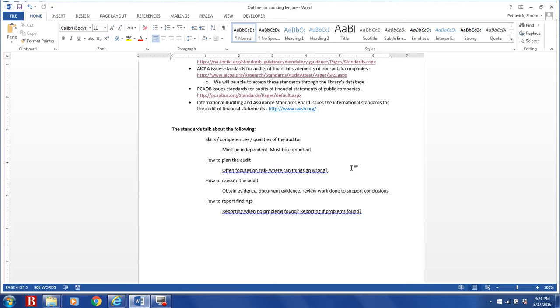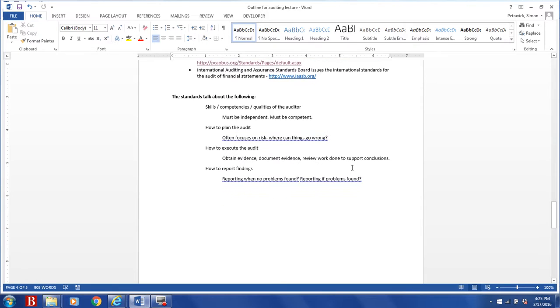So for example, auditors will probably spend more time auditing the allowance for uncollectible accounts receivable, because that is very subjective, whereas perhaps something like depreciation expense, which is based on fixed assets that you can see, and well-known formulas like straight line, it's more likely an organization would misstate accounts receivable and the allowance for doubtful accounts, rather than fixed asset depreciation. So once you've decided what to audit, the auditing standards often then talk about how to execute the audit. And so what is needed to obtain evidence? What is good evidence of compliance with standards?